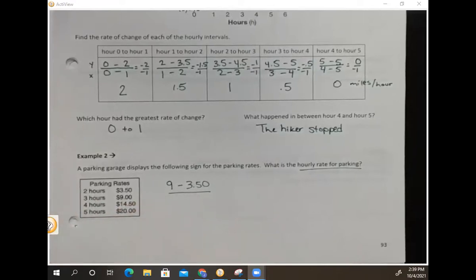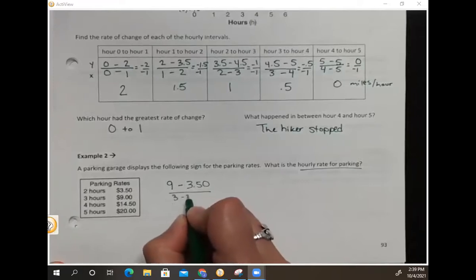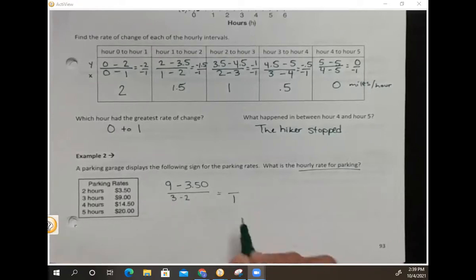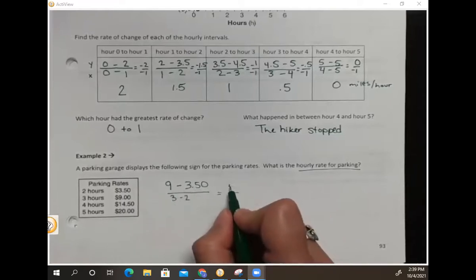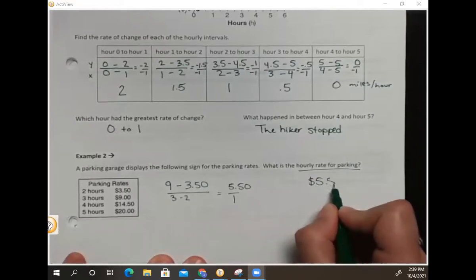So if I want to know the hourly parking rate, subtract the prices where there's 1 hour difference between them. So what we're actually doing here is finding slope. You selected these because your bottom difference is going to be 1. So you get the price for 1 hour. Okay. And so 9 minus 3.50 gives us 5.50. So our hourly parking rate is 5.50.